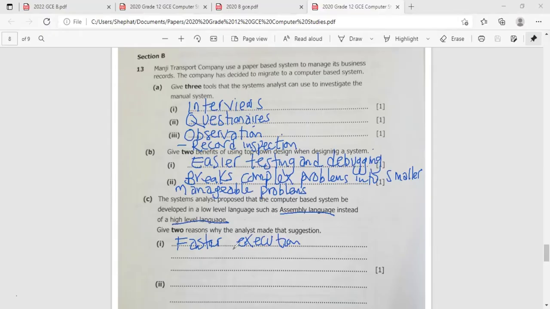Programs in low-level language are faster to execute. Then direct control of hardware. Okay, so you can easily control hardware, direct control over hardware.